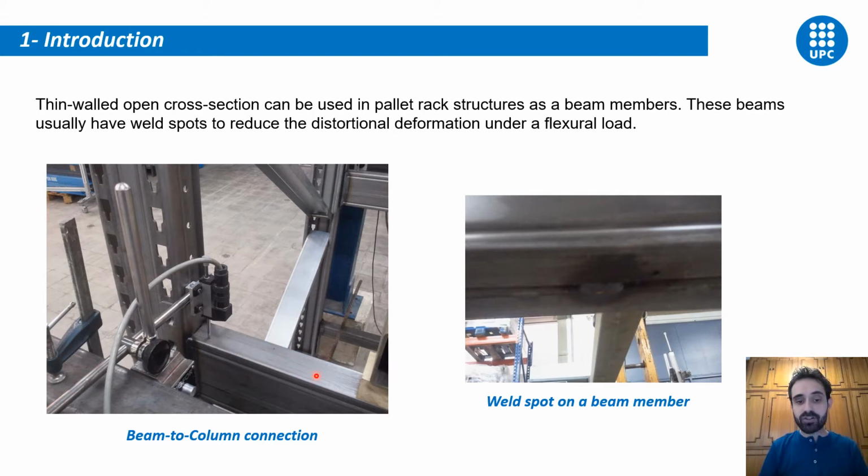This kind of connection usually exhibits a nonlinear relationship between the flexural moment and the rotation angle, so it needs to be taken into account in the structural analysis. On the other hand, as I have said before, some European manufacturers use open sections as beam members, and they have weld spots along their length to reduce, as I said, the distortional deformation of the beam under a flexural load.